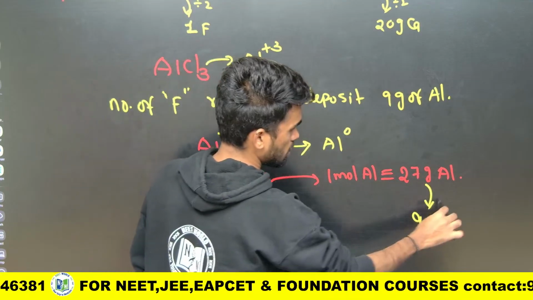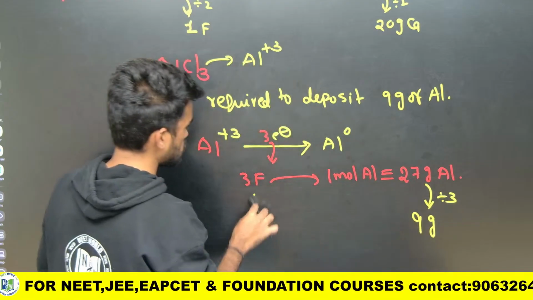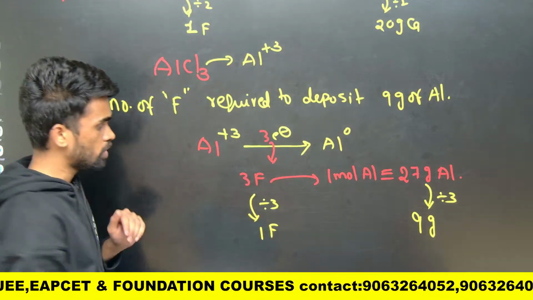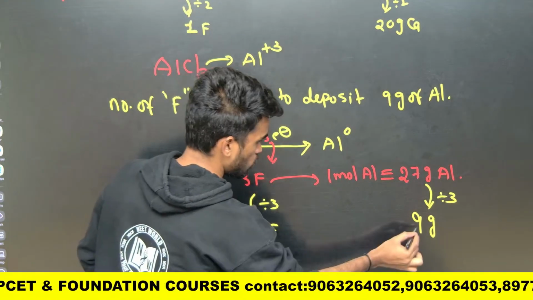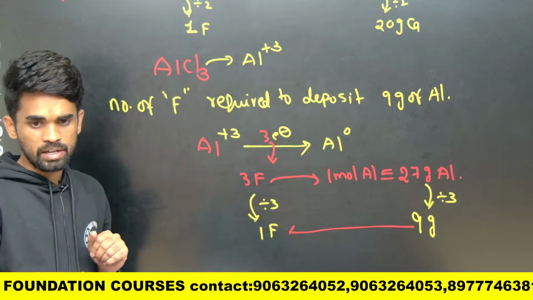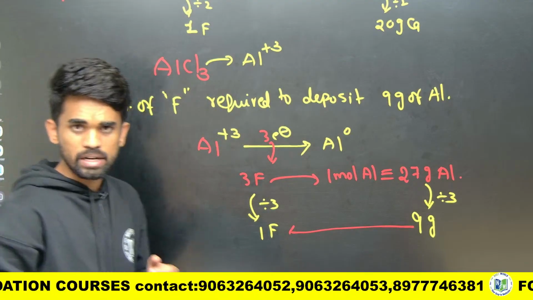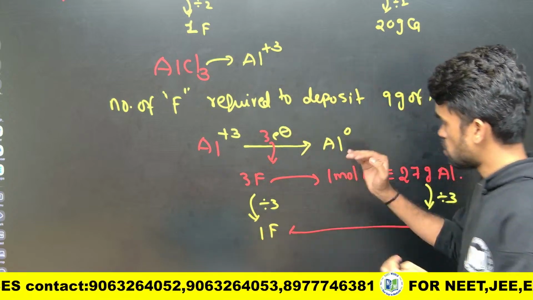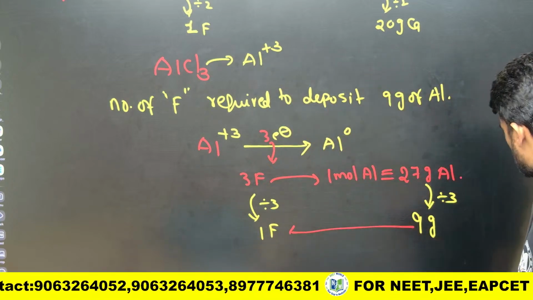In order to make 9, we need to divide by 3. So here also just divide by 3. So we will get 1 Faraday. So in order to get 9 grams, we required 1 Faraday or 96,500 coulombs of charge. Hope this is clear. So now by understanding of these two, let us move further.